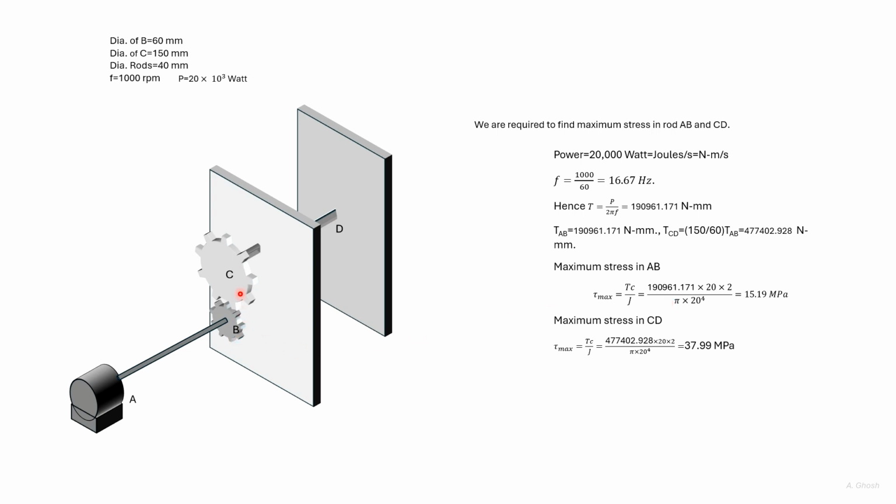Now we expect the torque in CD to be higher, so we multiply the torque in AB by the ratio of the diameters of C and B, and we get a different torque for CD. Now again, since we have the torque in CD and we have the geometry, we can find out the maximum stress that is acting in CD.